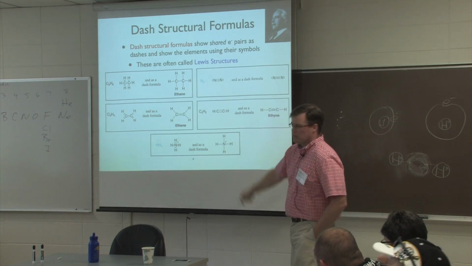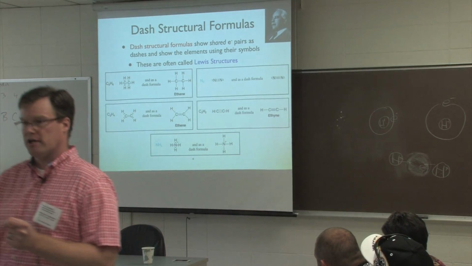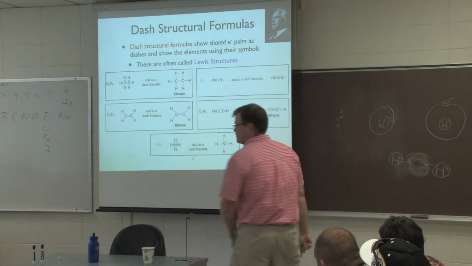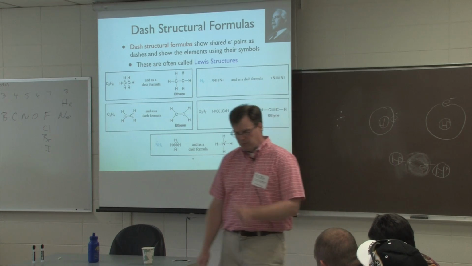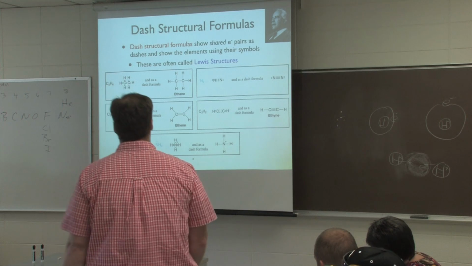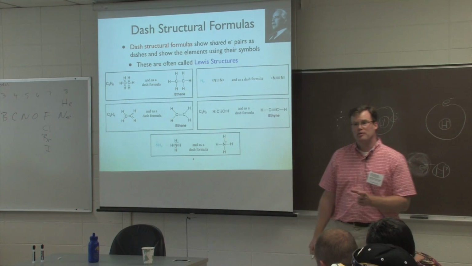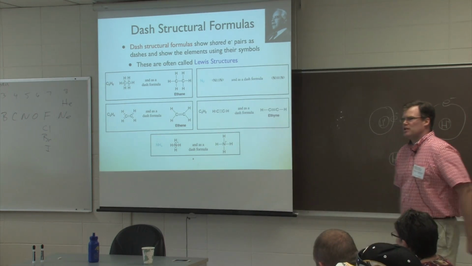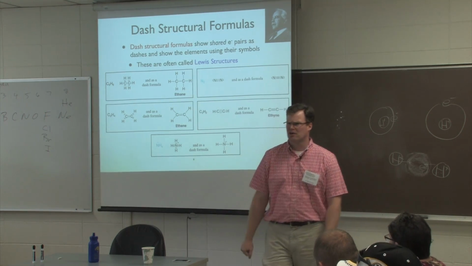We have double bonds, where a total of 4 electrons are shared between these two carbons. We can have triple bonds, where there will be a total of 6 electrons joining the 2 carbon atoms. Nitrogen, the main component of our atmosphere, is a triple bond between 2 nitrogen atoms. And we can even have ionic species. This is ammonium, NH4, with a positive charge.